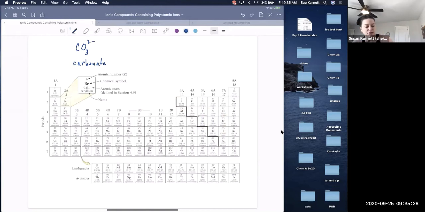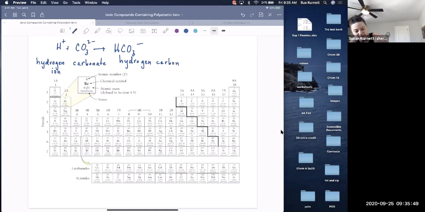Because it has a -2 charge, I can add one hydrogen ion and when I combine them, I end up with something that is still an ion, and this is called hydrogen carbonate. So it's kind of like two last names that aren't hyphenated.